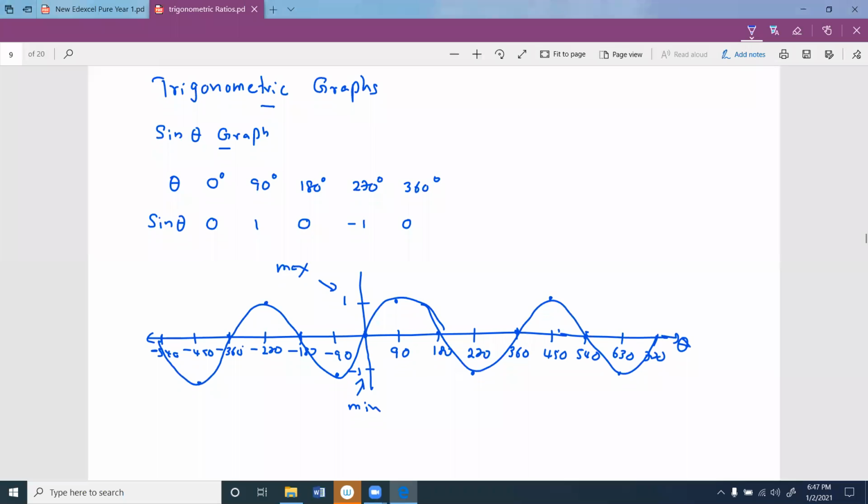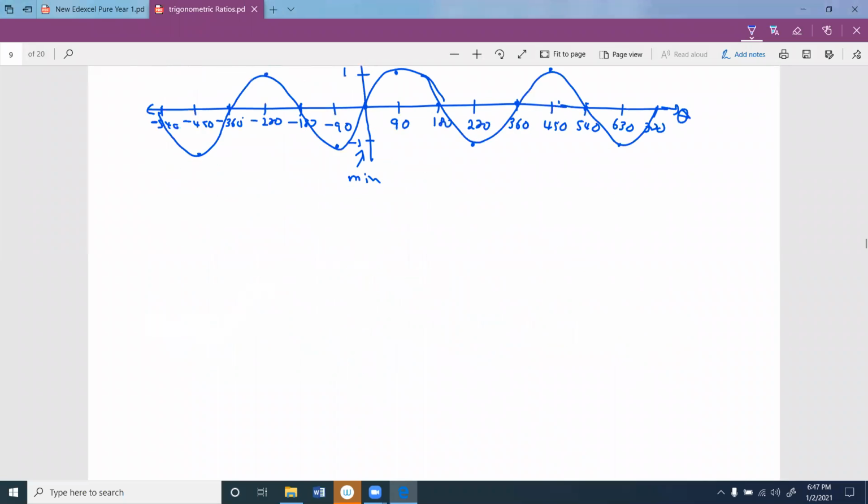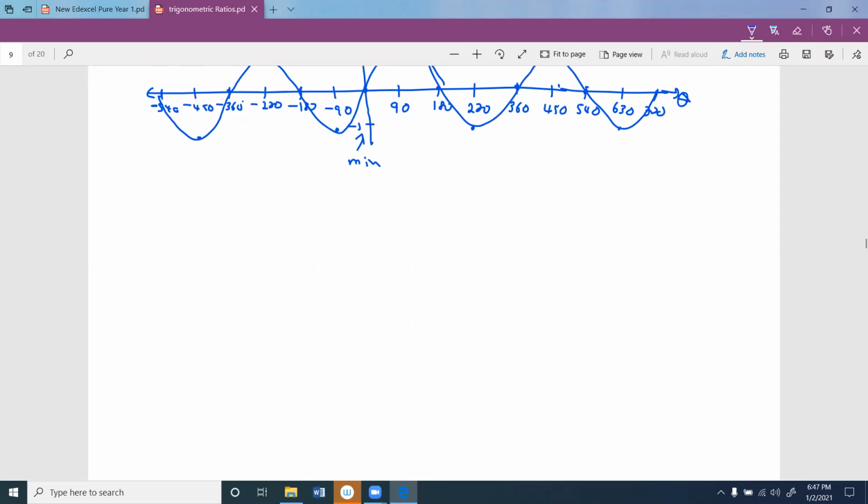Right. Okay. Then let's go to the cos theta graph. For that one, you can use the same technique again. Theta starts from 0, 90, 180, 270, 360.